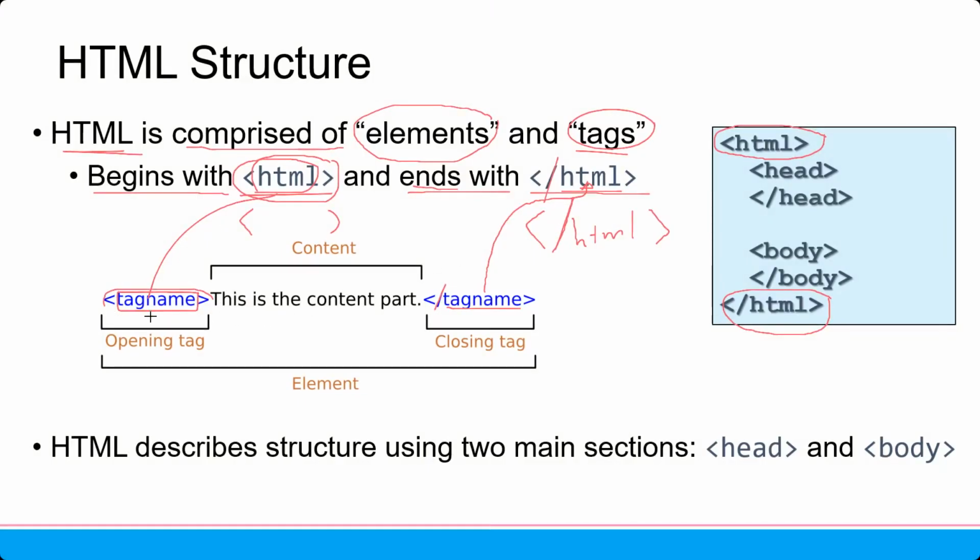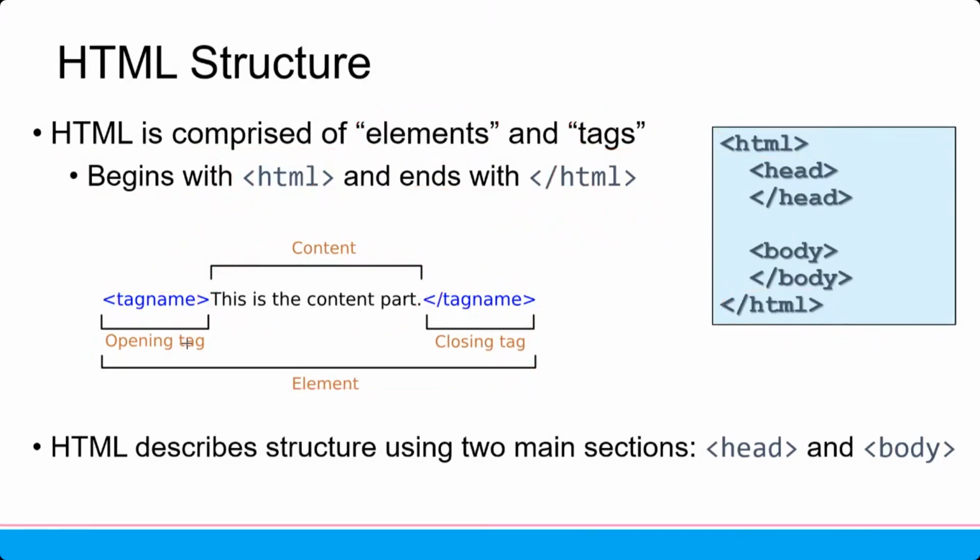Between this triangle bracket and this one, we call this the content. So we call this the element. One element consists of the opening tag, the closing tag, and the content.